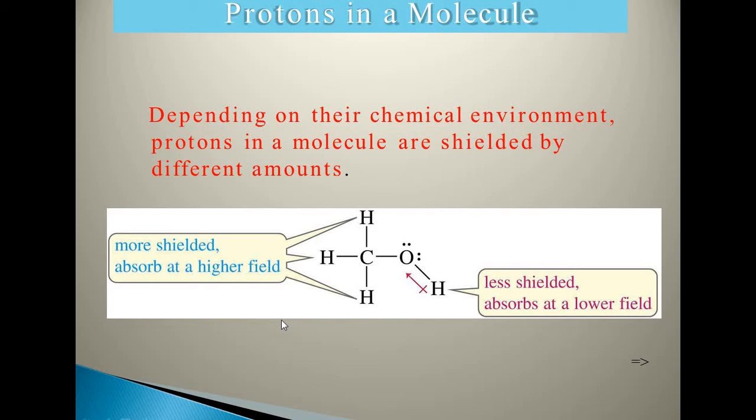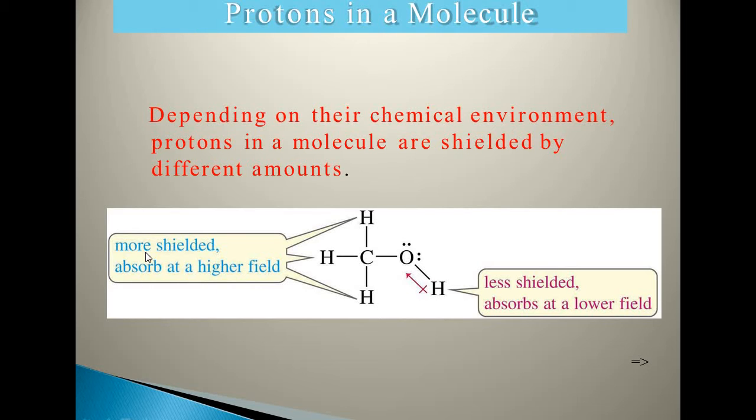The amount of magnetic field required for your proton to come into resonance will be high, because when some of the energy applied externally is nullified by the induced magnetic field, we have to supply a stronger magnetic field. Then some amount gets nullified, and we get the required amount of magnetic field for your proton to come into resonance.